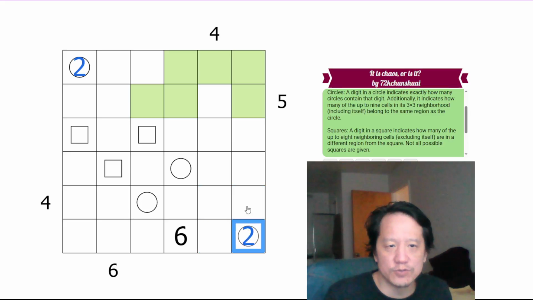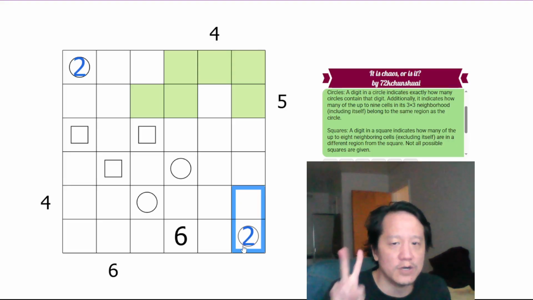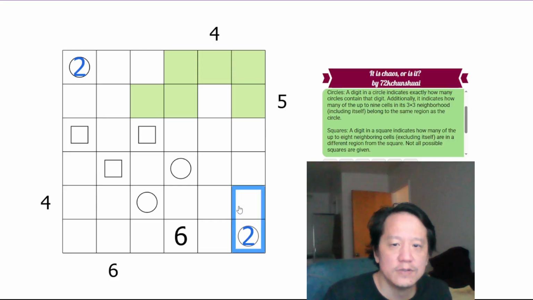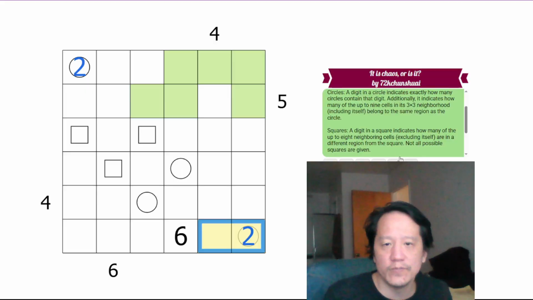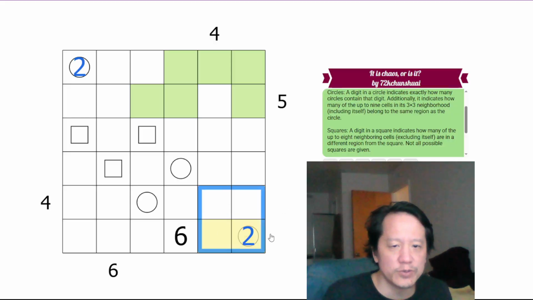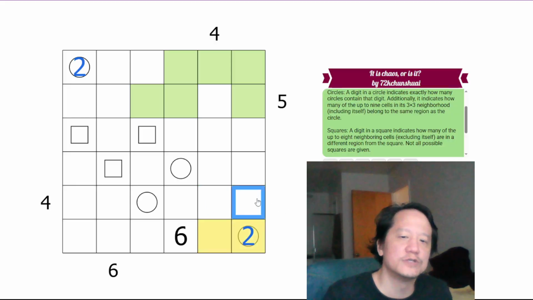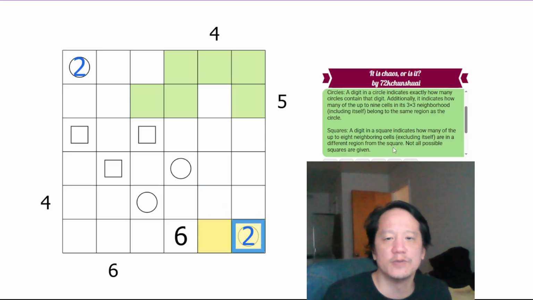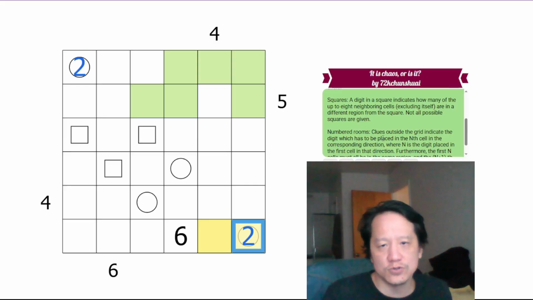So, for example, if this were 2, that means exactly 2 of the cells in the 3 by 3 box surrounding itself, centered on the circle, are in the same region as the circle. So you could have 2 going that way, you could have 2 going this way, we don't know. But you would have exactly 2 of the up to 3 by 3 area centered on the circle in the same region. And that's how circles work.